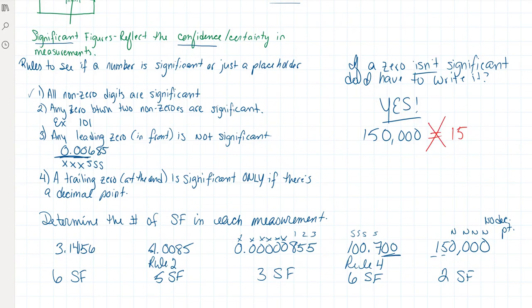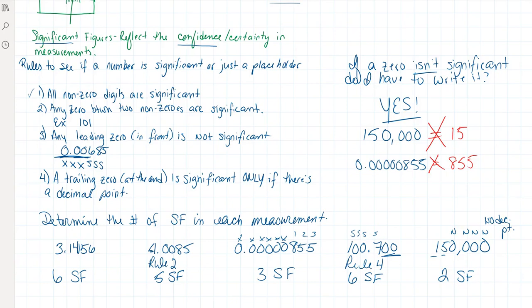So I still have to write my zeros even if they're not significant. Same thing on the third example we did, where I had my 0.12345855. If I wrote that out as 855, that's not the same thing. That's off by a really, really big magnitude. So make sure that even if a zero is not significant, you're still writing out the zeros.